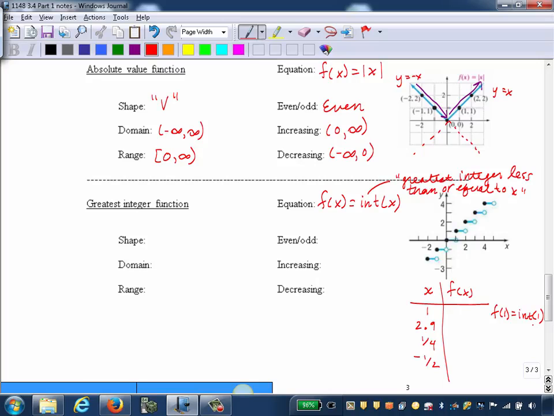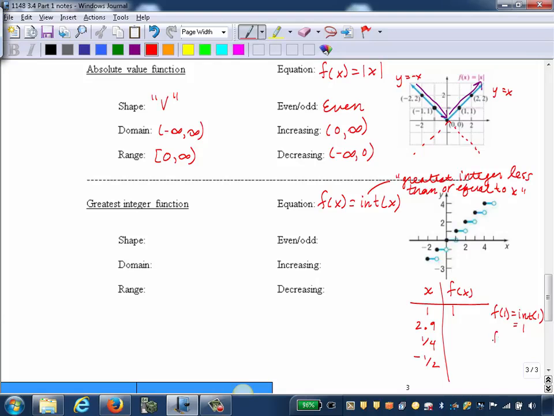So that's the greatest integer that's less than or equal to 1. Well, with the greatest integer function, if you enter an integer into the function, your answer is just going to be what you put in. So the greatest integer that's less than or equal to 1 is 1. So when you're using the greatest integer function, integers are the easiest things to evaluate. The input is the same as the output.